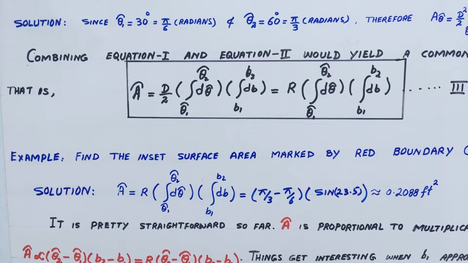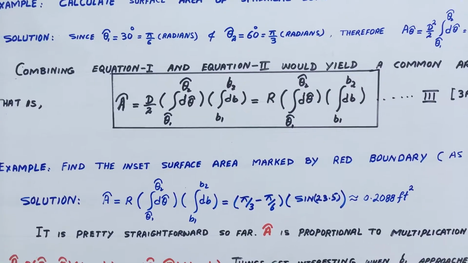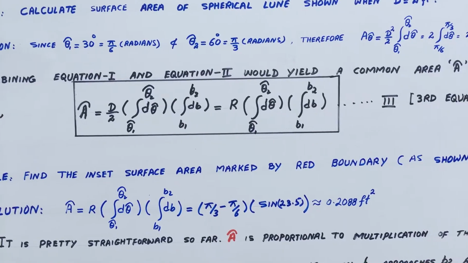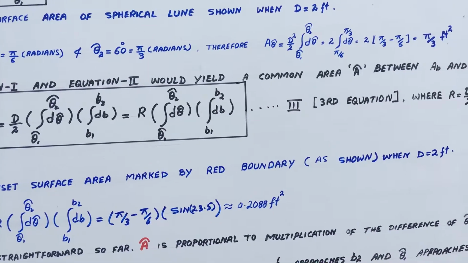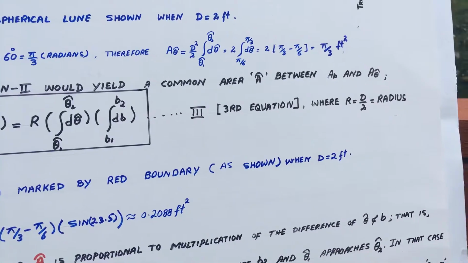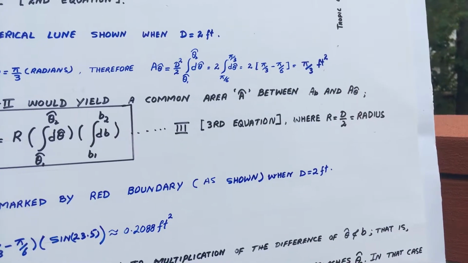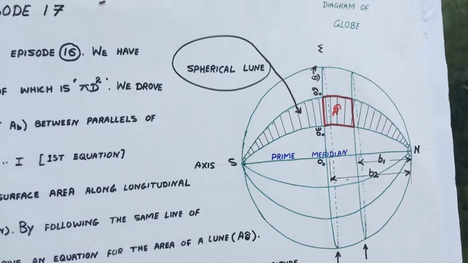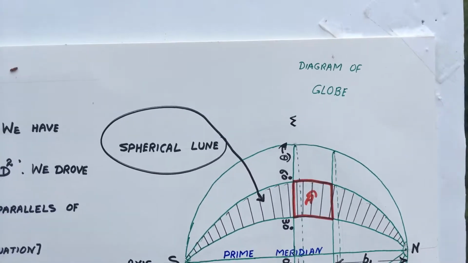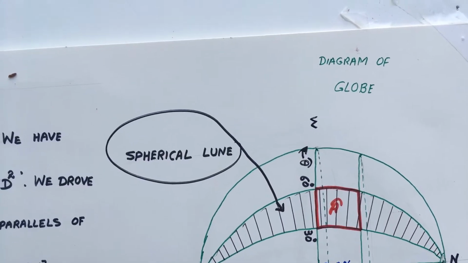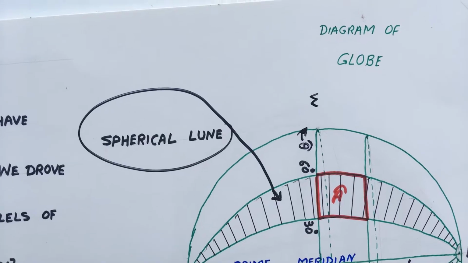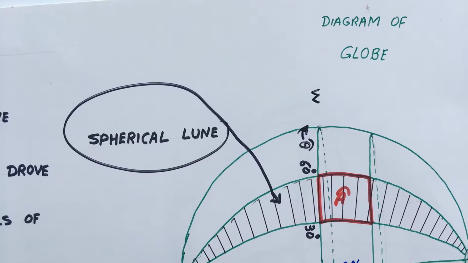This is another example. Find the inset surface area marked by red boundary as shown when diameter is equal to 2 foot. So we are trying to find the area enclosed within this red boundary.